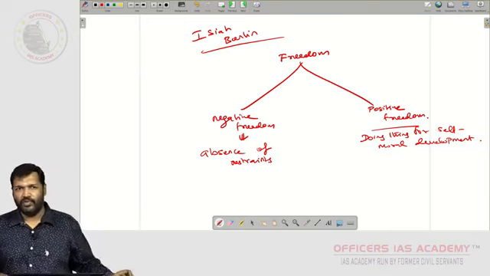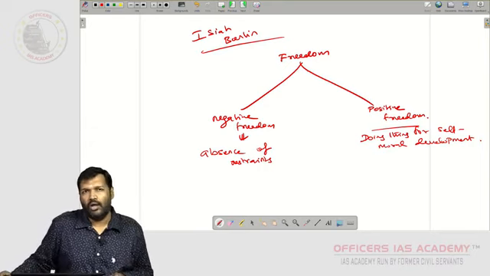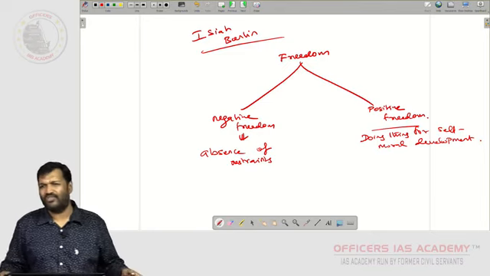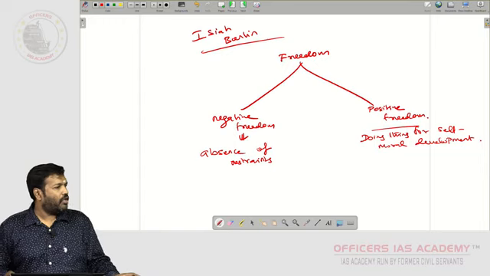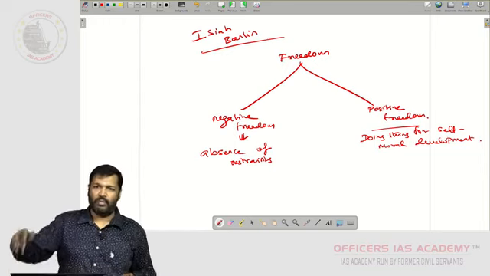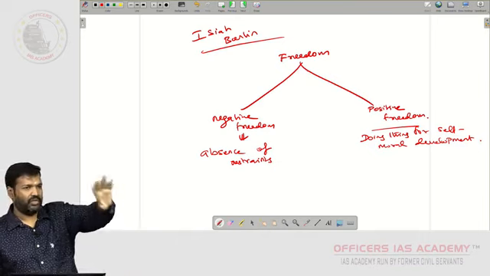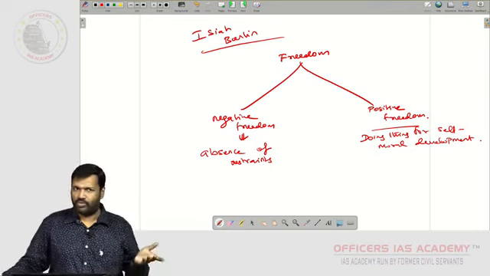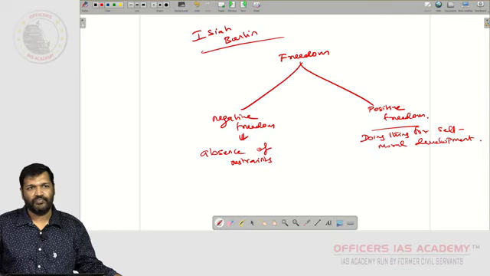You look into the laws and think, okay, I want to smoke a cigarette, where should I smoke? What does the law say? In law, smoking in public places is wrong. So in any of the public places, if you go and smoke, it is wrong. So you cannot smoke in a bus stand or something like that. But you are free to smoke in an open space where it's not a public place.